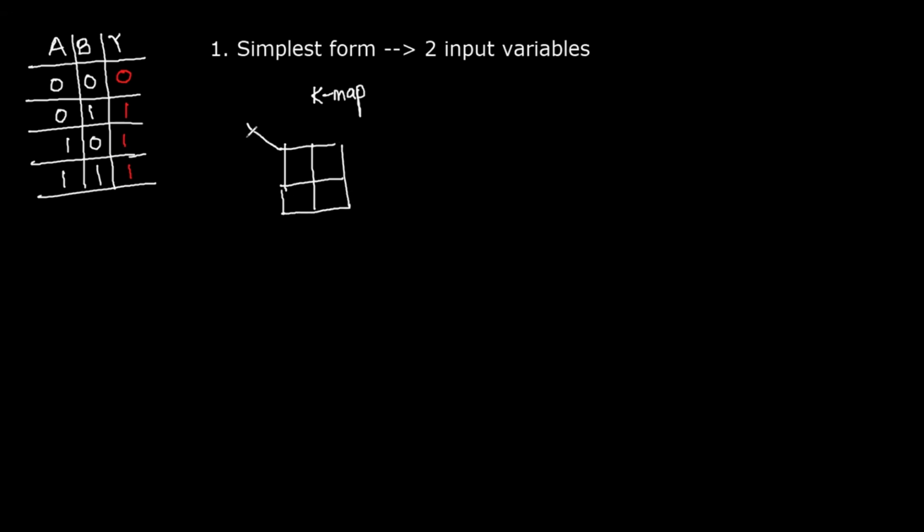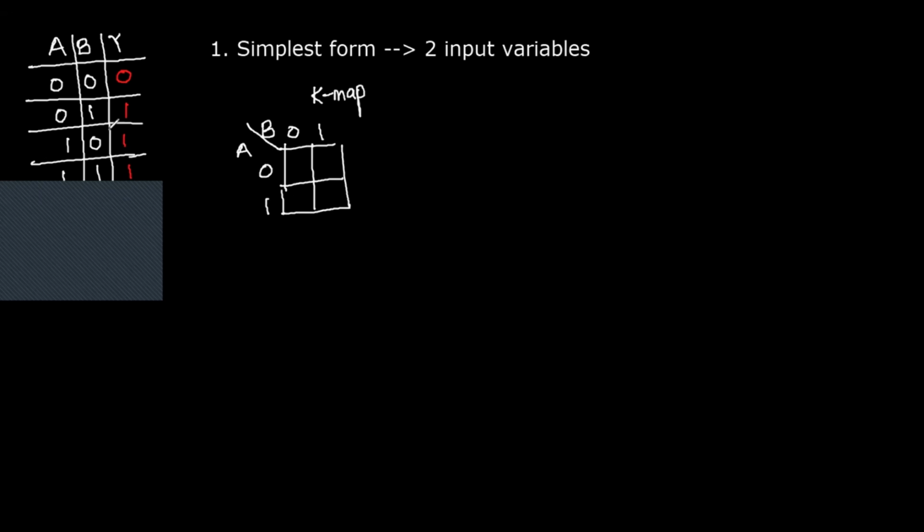So you will be inserting the values of your input variables over here. A takes the values of 0 and 1 at every instance, and B takes the values 0 and 1 as well.